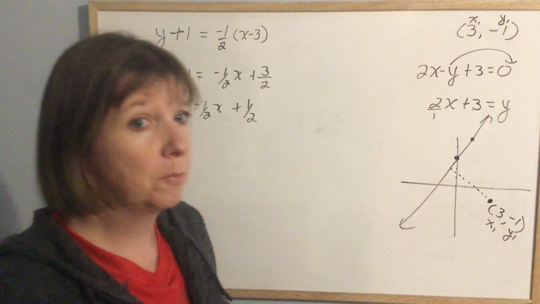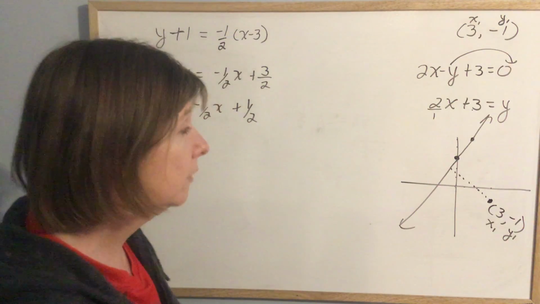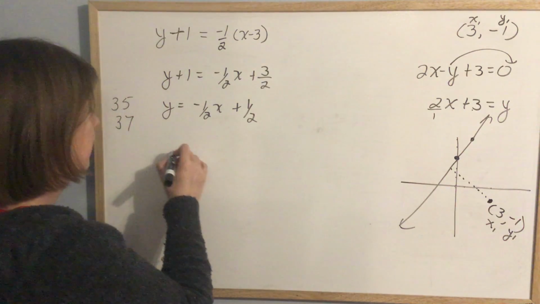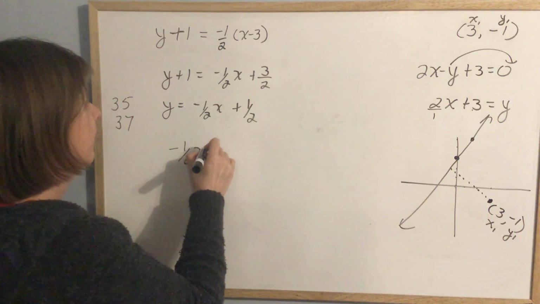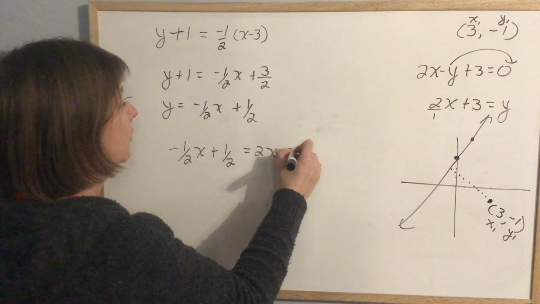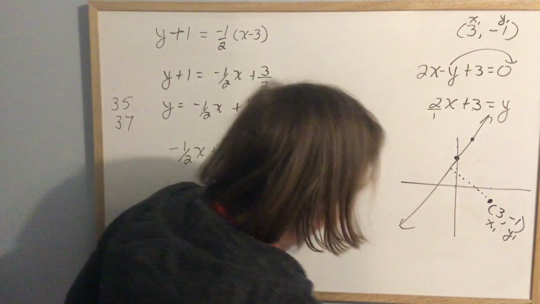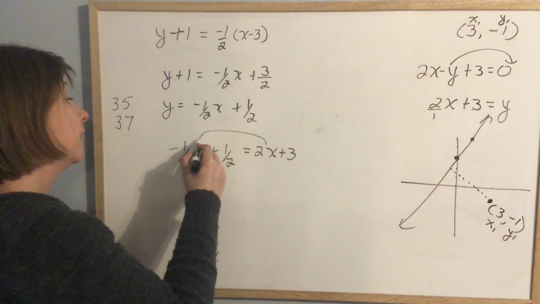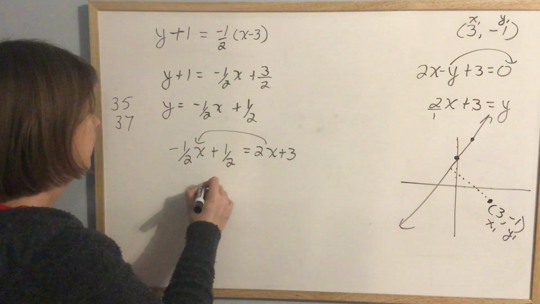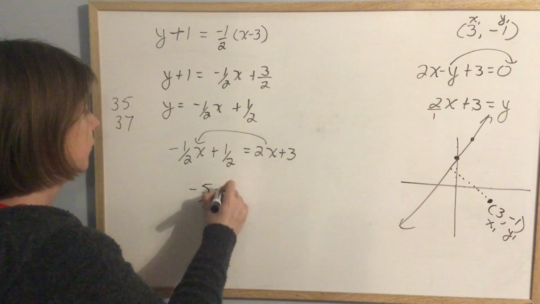If you like decimals better and you want to work in decimals, that's okay too. So if y is this and y is this, then that means negative 1/2 x plus 1/2 is equal to 2x plus 3. So I'll move this over here and subtract it, which is going to give me negative 2.5, which is negative 5 over 2x.